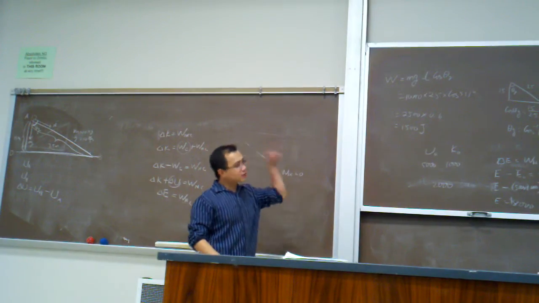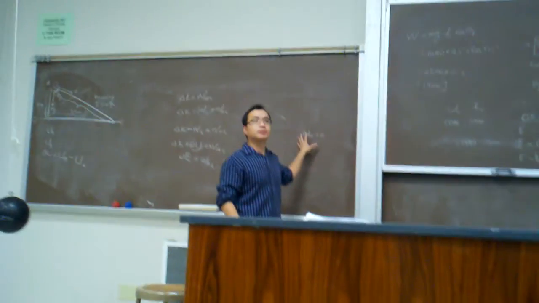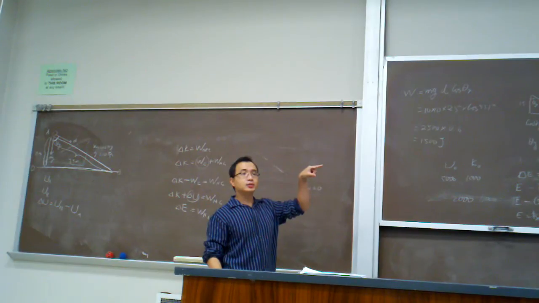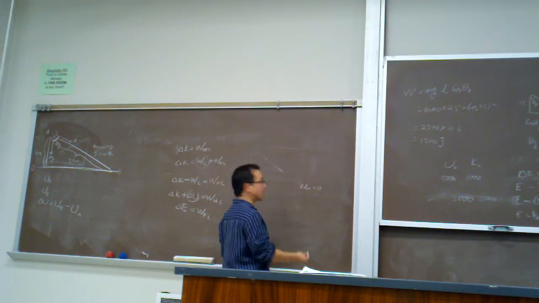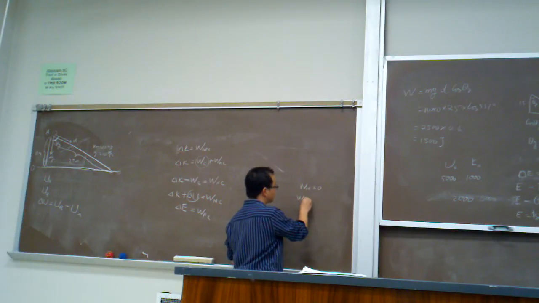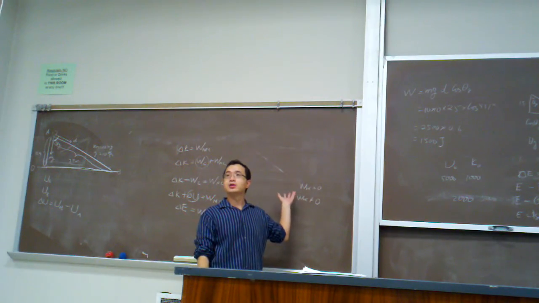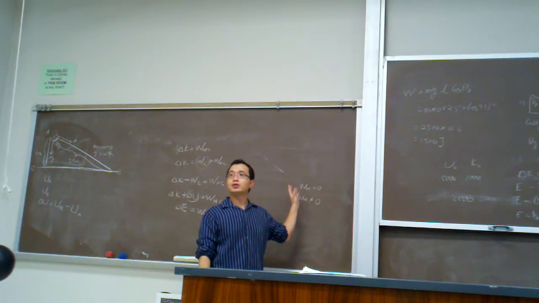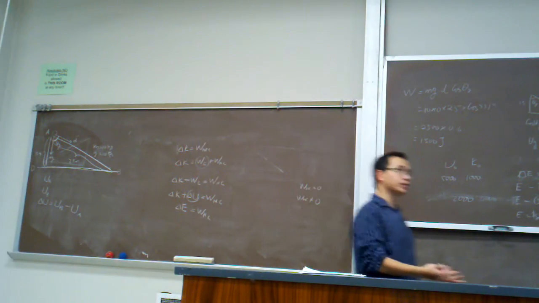In this case, it's a conservative system. If the non-conservative force there is doing some work, then W_NC could be non-zero. So both cases are possible, right? The key is not whether you have the non-conservative force.